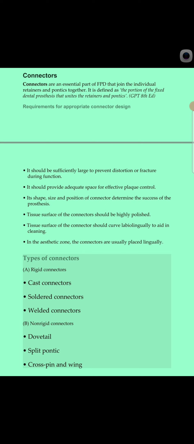The tissue surface of connectors should be highly polished and smooth. It should not irritate the tissue. The tissue surface of connectors should curve labiolingually to aid in cleaning. In the aesthetic zone, the connectors are usually placed lingually.